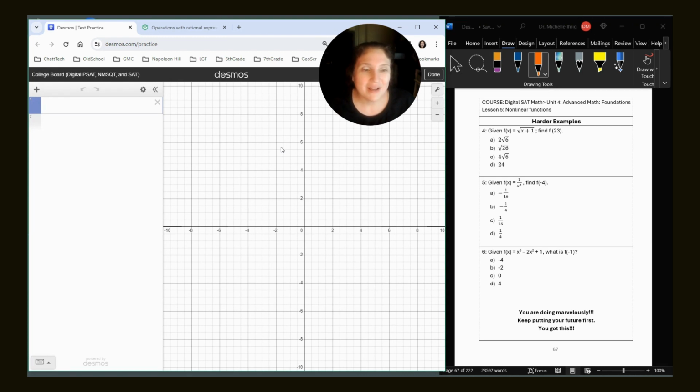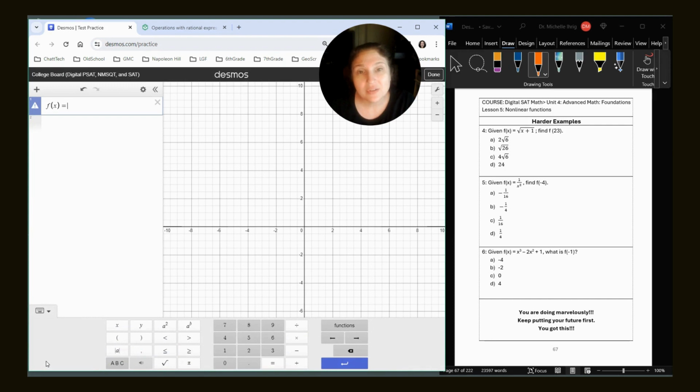Given f of x equals the square root of x plus 1, find f of 23. The hardest thing is typing it in. We are going to use the square root feature. Technically, the square root of a number could also be written with the exponent 1/2. I'll show you that also. Down here is the square root button.